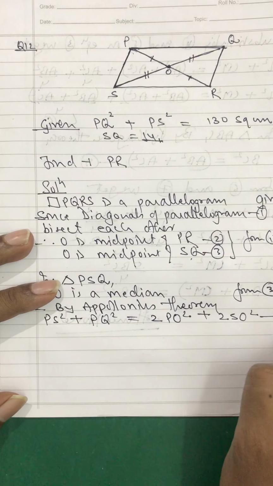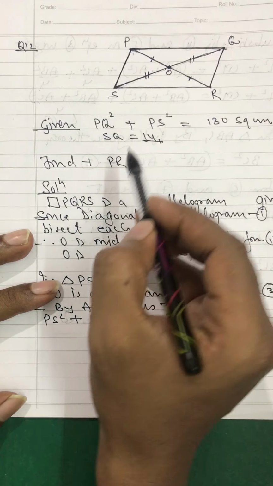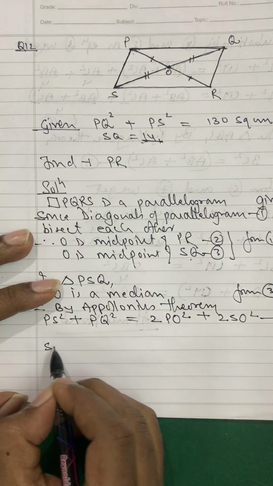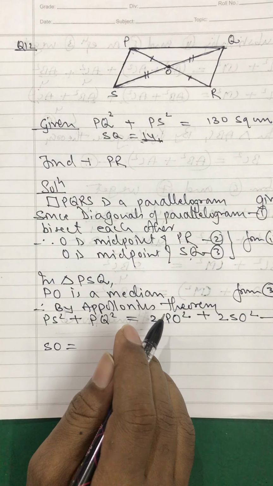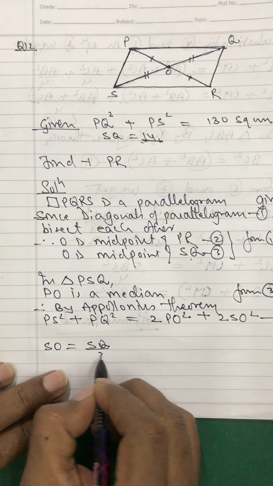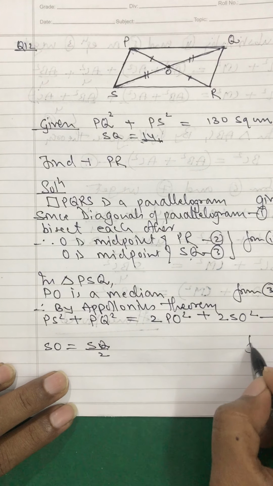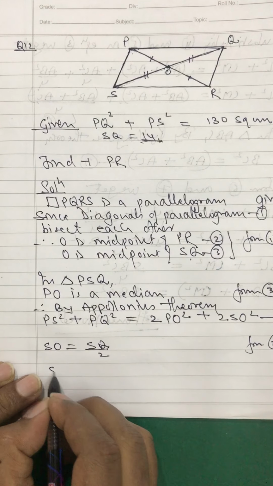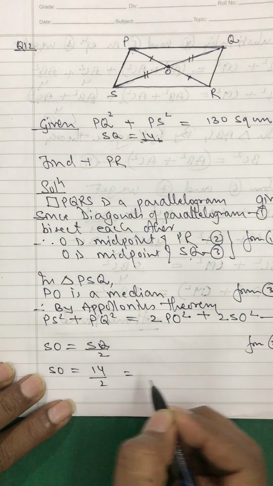You will have to leave it for now because we don't know SO. We know SO is half of SQ, so SO is equal to SQ upon 2, from 3. SQ is given as 14, so 14 upon 2 will be equal to 7.